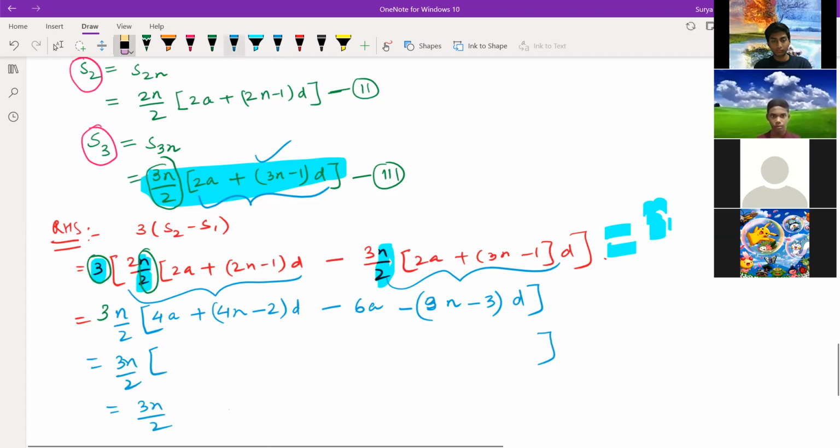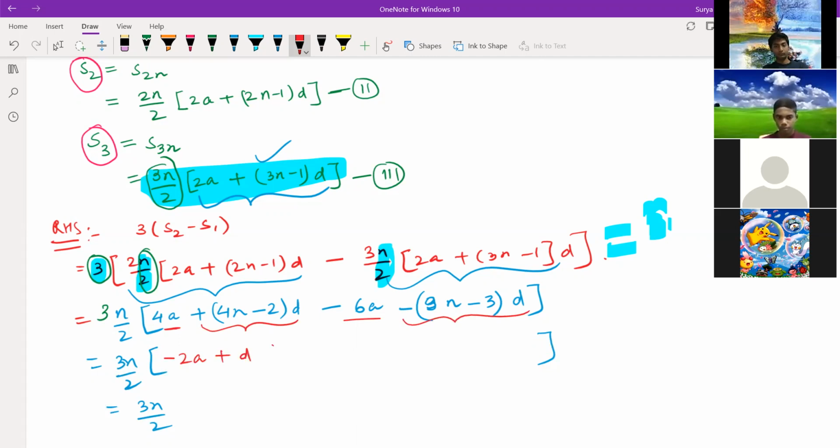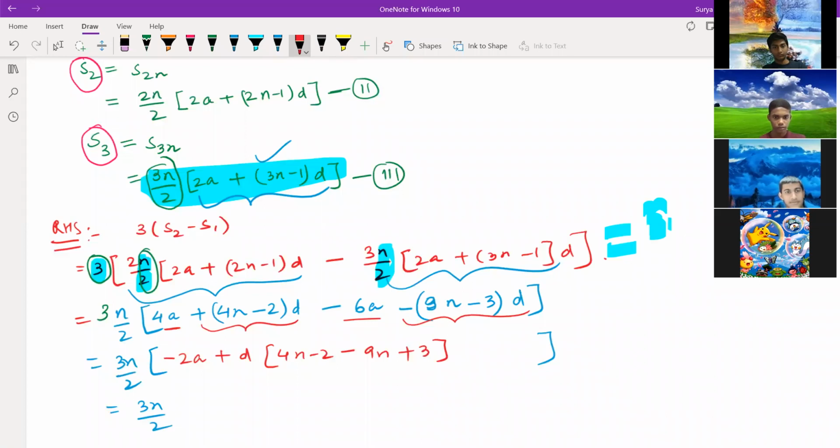So 4a and minus 6a will become minus 2a. Here and here we'll take d as common. So what can we get? 4n minus 2 and minus 9n plus 3. Again we can write minus 2a plus d into 4n minus 5n plus 1.